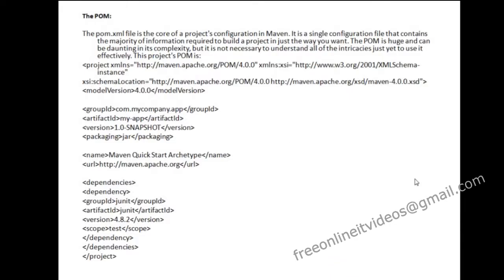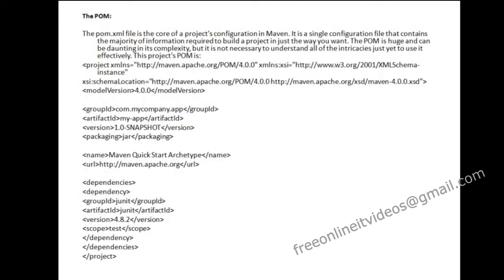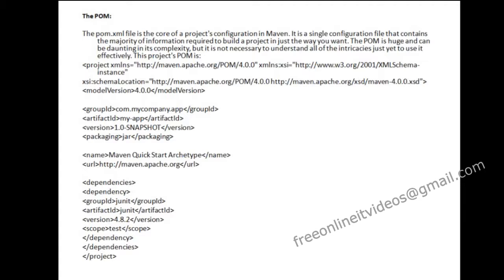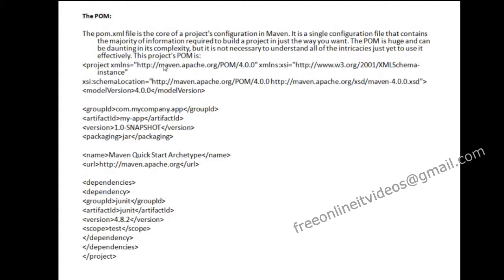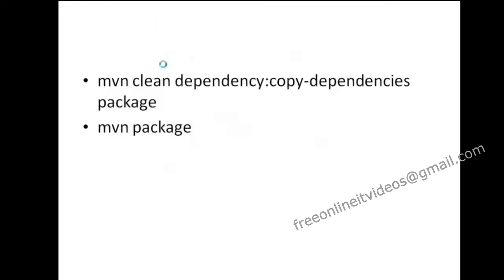A pom.xml file is the core of a project's configuration in Maven. It's a configuration file which has all the information we need to build a project or build code. This is a small example of a pom.xml.